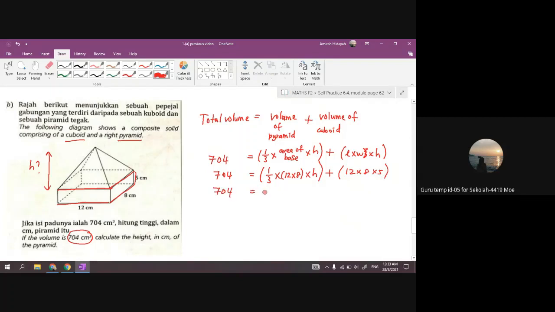So you will get, untuk yang ni kamu akan dapat 32H plus volume of cuboid kamu akan dapat 480. So we want to find H, right? So rearrange, okay? Rearrange the equation to make H as the subject. So 704 minus 480.